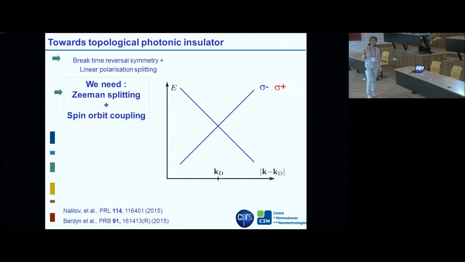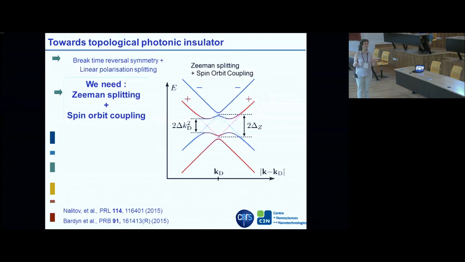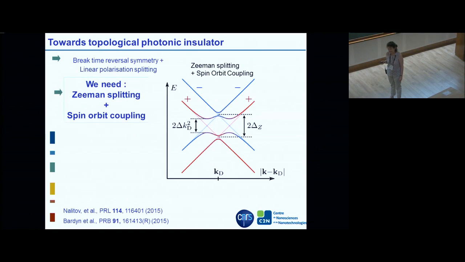And so what we need is first to have a Zeeman splitting to lift the degeneracy between sigma plus and sigma minus. And then what you see is that you have some crossing between sigma plus and sigma minus. And if you are able to introduce spin-orbit coupling, then you end up with a band structure which looks like this, and which is necessary for this photonic topological insulator.